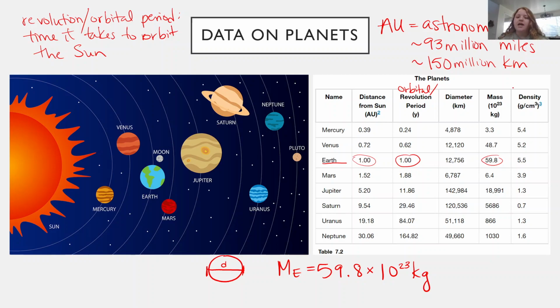Okay. And then the next thing to measure is density. So density is going to be looking at the mass per volume. So think of density as, I guess a good example would be a pool noodle in a pool.